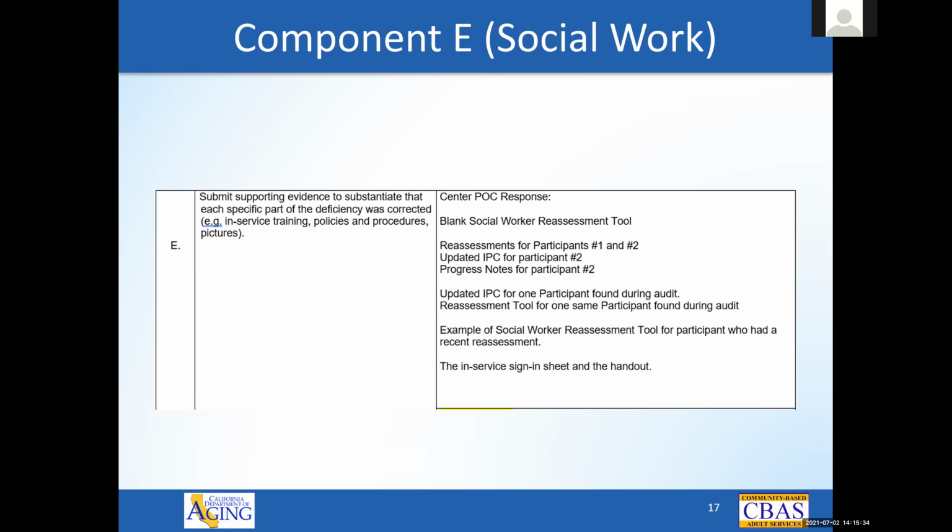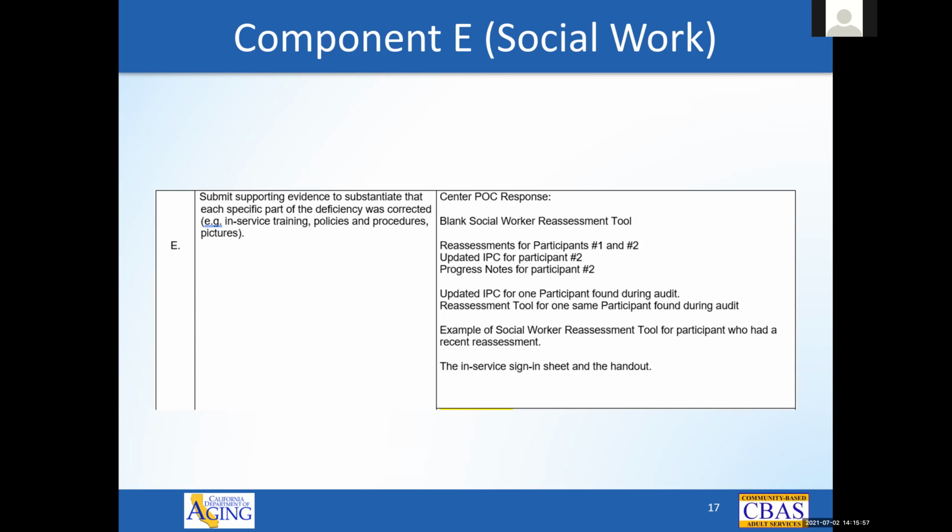The progress notes for participant number 2, the updated IPC for one participant found during the audit, and that reassessment tool for the same participant. And then they also submitted an example of a social worker reassessment tool for a participant who had a recent reassessment, and then also the in-service sign-in sheet and the handout.